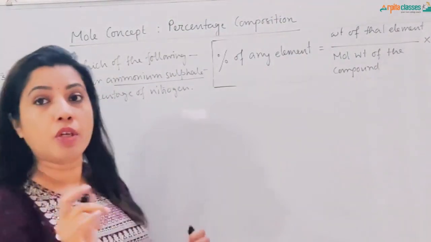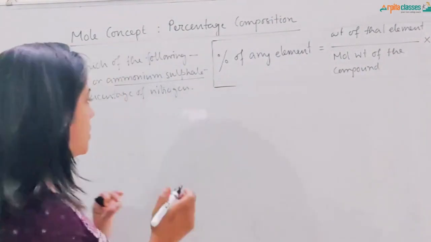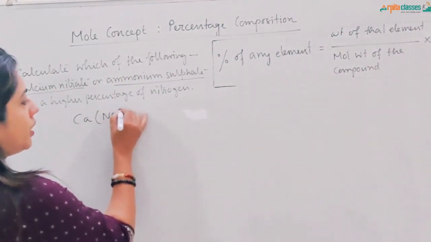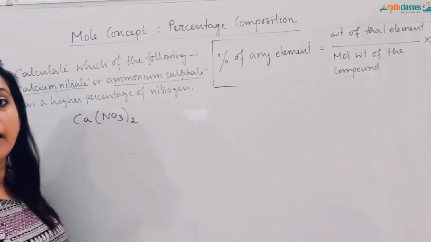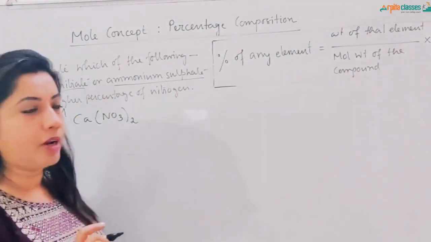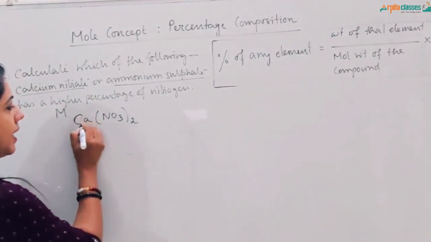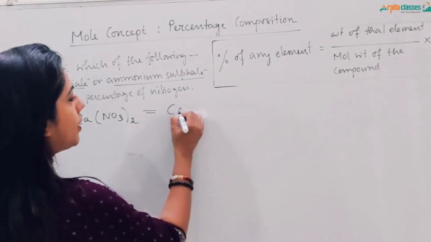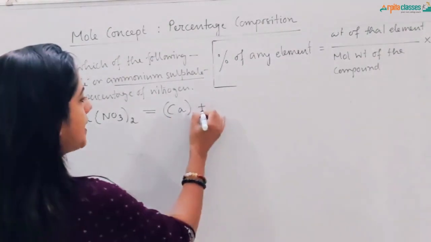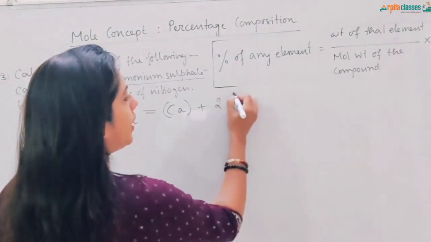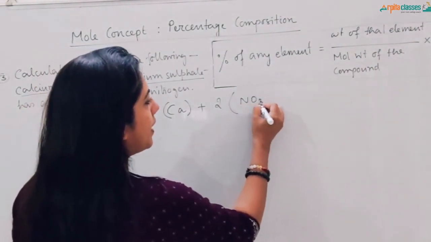For this question we need to know the formula also. Calcium nitrate, what's the formula? Ca(NO3)2. This is the formula for calcium nitrate. If you do not know the formula, you will not be able to do the sum, right? So calcium nitrate, molecular weight of calcium nitrate we'll find out. So it is atomic weight of calcium plus 2 into atomic weight of nitrate.